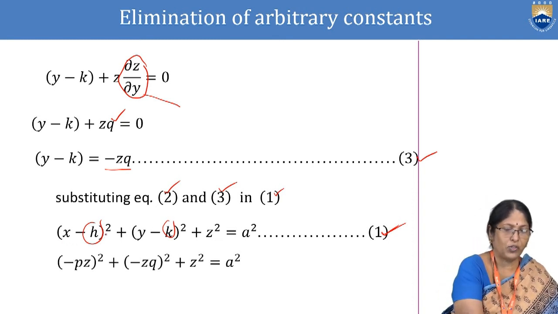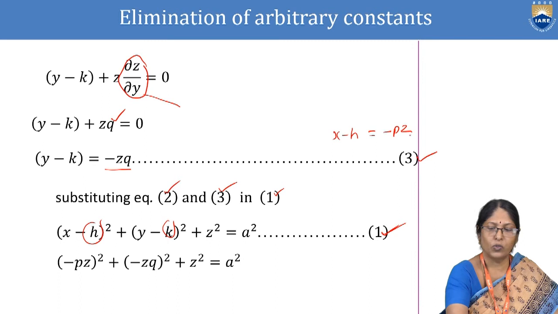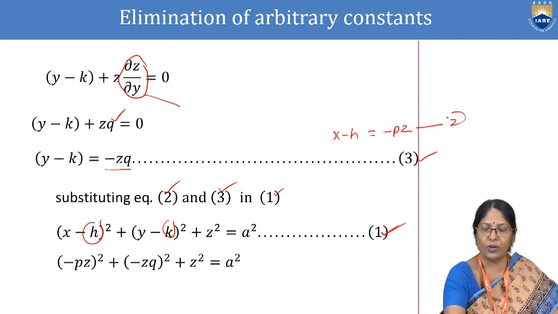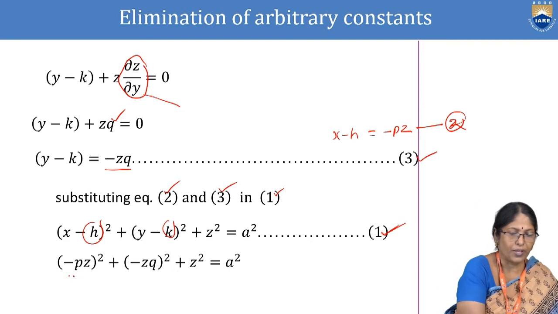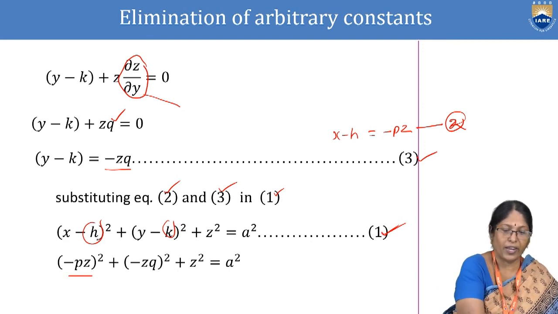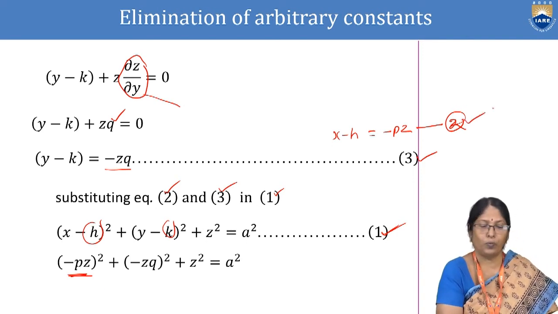X minus h equal to minus pz. This is what we got, the first equation 2. Equation 2 we got it, that is substituted here. X minus h is replaced by minus pz, that is nothing but our equation 2.